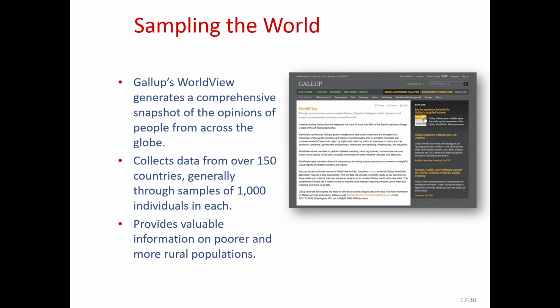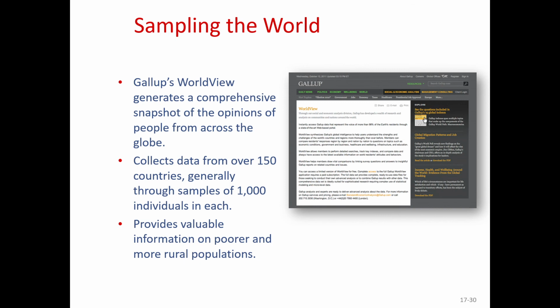While it may seem that the sample developed around the world's population may be too generic to provide much benefit, actually the Gallup program provides extremely valuable information on poorer and even more rural populations, which often are ignored for more developed countries or populations.